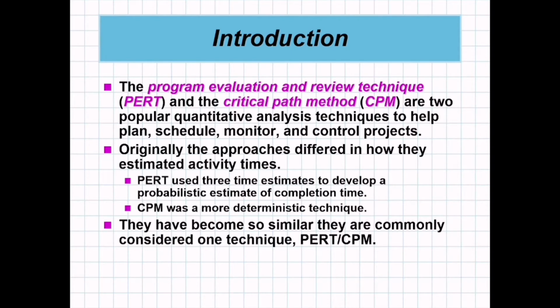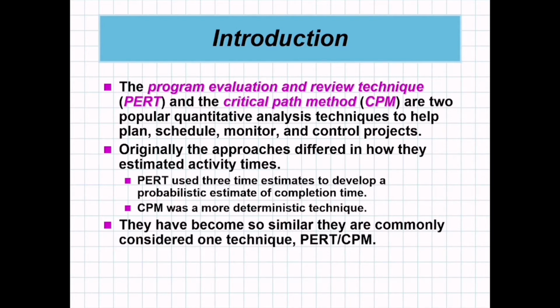The program evaluation and review technique, or PERT, and the critical path method, or CPM, are two popular quantitative analysis techniques to help plan, schedule, monitor, and control projects. Originally, class, the approaches differed in how they estimated activities.